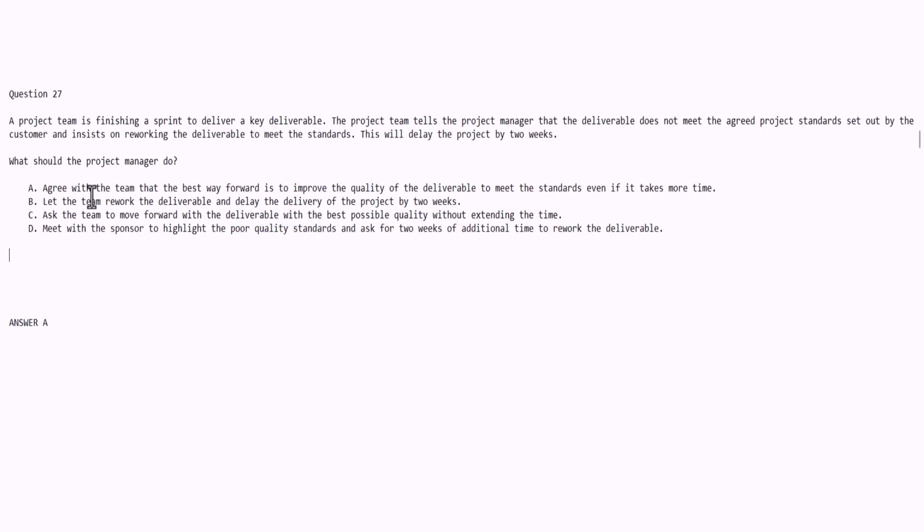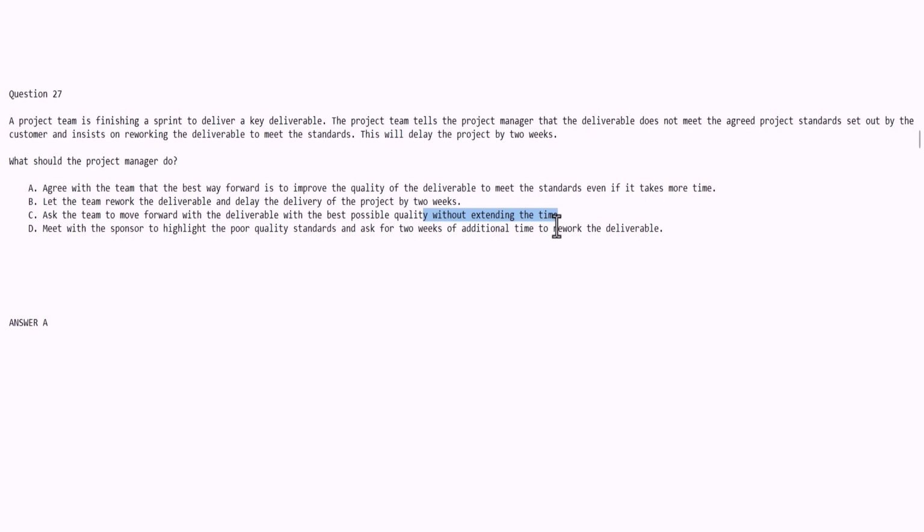Now, other things that I want to point out here is you notice here, ask the team to move forward in option C with the best possible quality outcome without extending the time. It is possible that the developers may actually complete the work within the defined parameters. But in this case, if it turns out that the time needs to be extended for whatever reason, that's the reality of the situation.